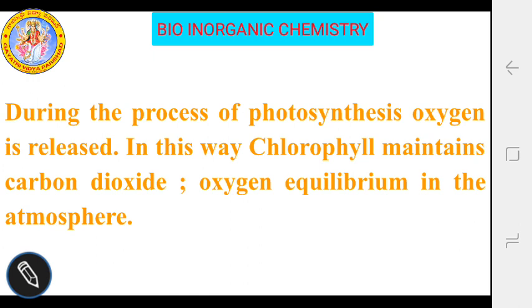If there are no green plants, green trees, meaning if there is no chlorophyll in the atmosphere, then the equilibrium of carbon dioxide and oxygen will not be maintained properly. Then the carbon dioxide percentage will increase in the atmosphere, which may lead to greenhouse effects, which give rains and floods. And the oxygen concentration is also maintained by chlorophyll.